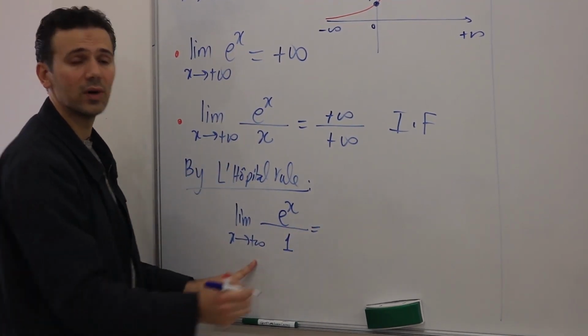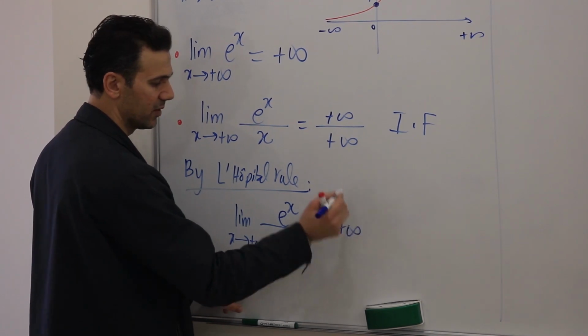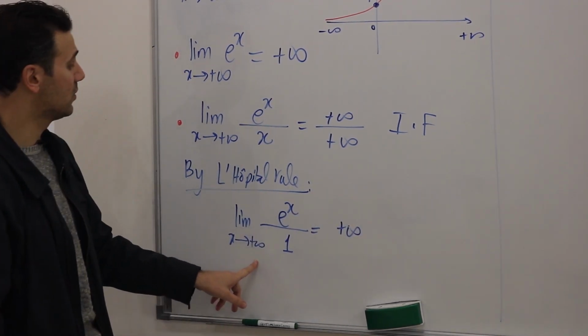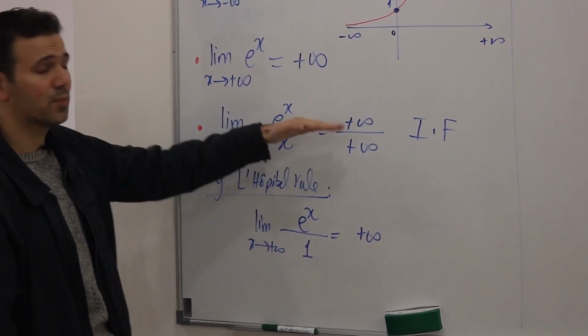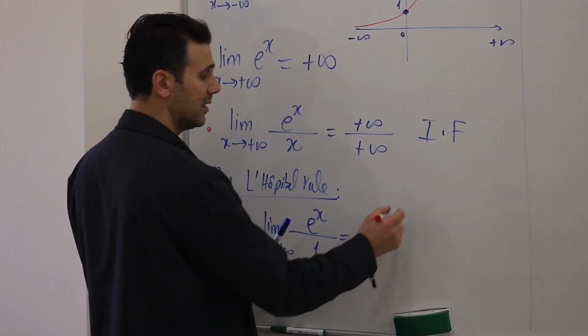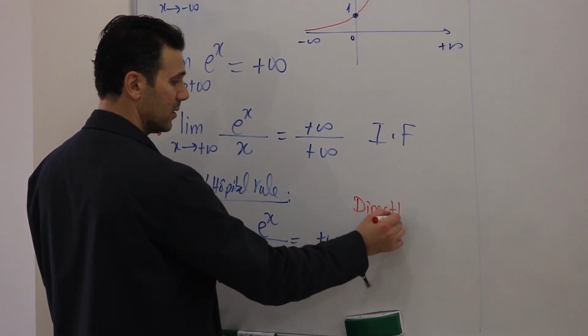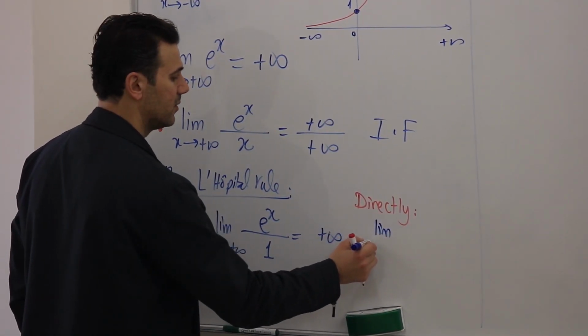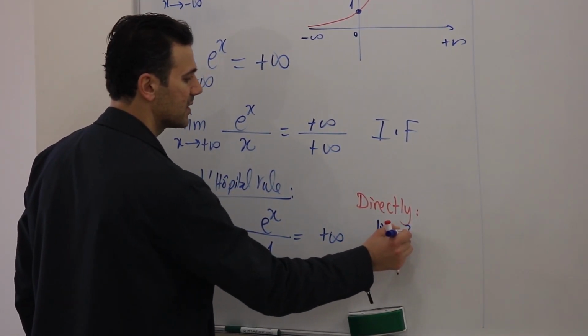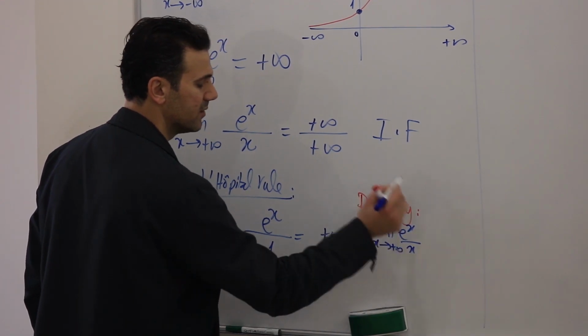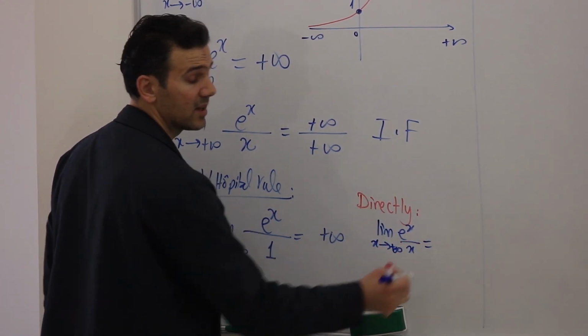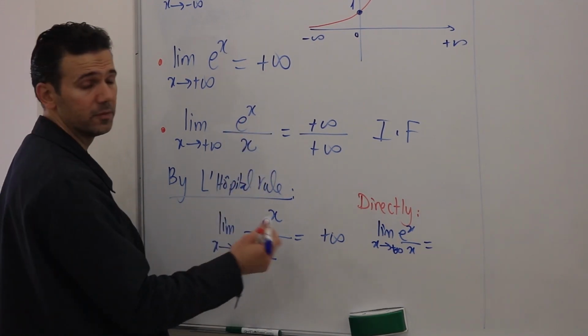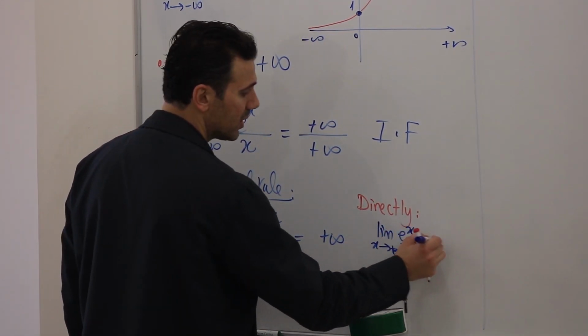So we get at the end plus infinity over 1, which is plus infinity. This is the proof, and we can directly use the limit of e^x over x as x tends to plus infinity as a rule without this proof. It will be plus infinity.